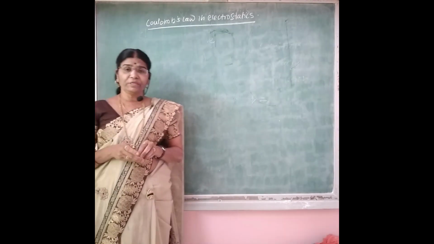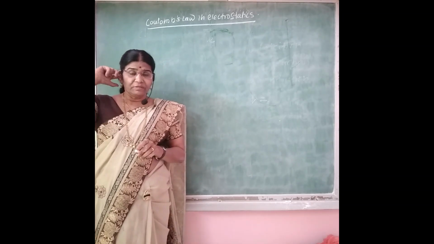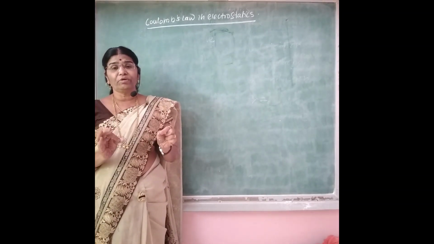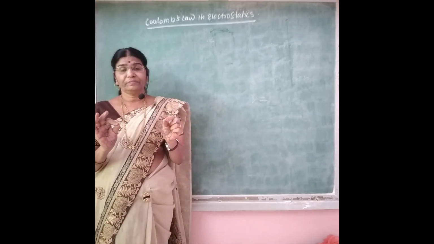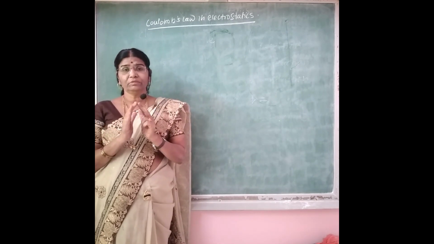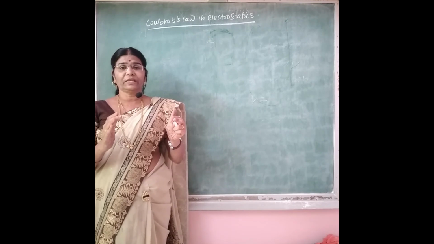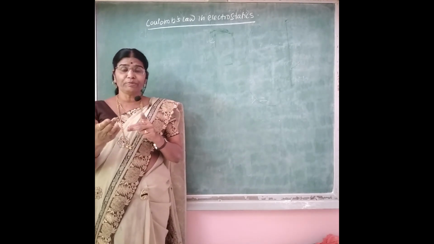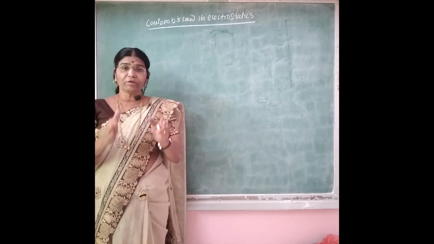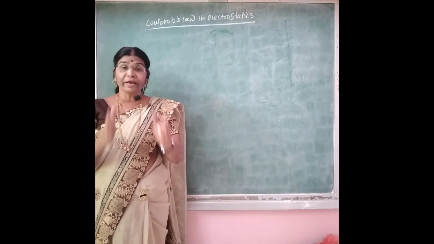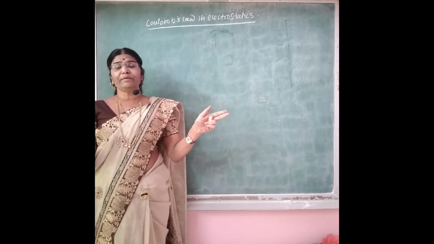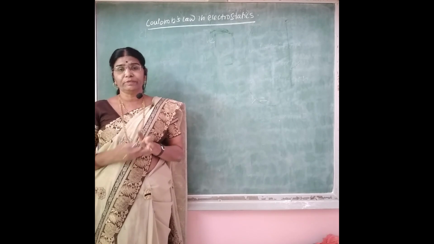Once again we have to see what the law is. Coulomb's law states that the force of attraction or repulsion between 2-point electric charges is directly proportional to the product of magnitude of their charges and inversely proportional to the square of the distance between them.